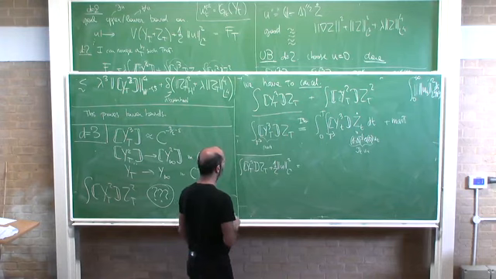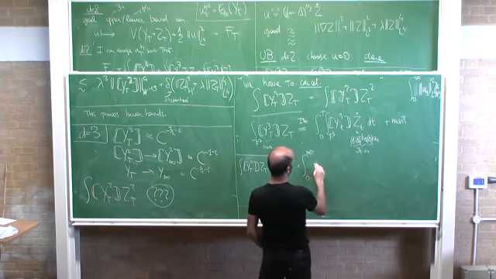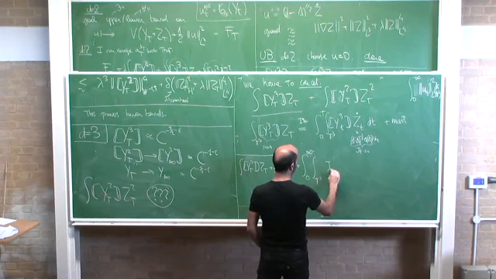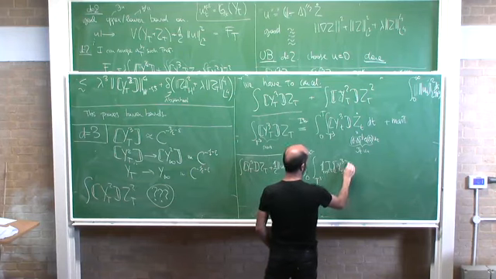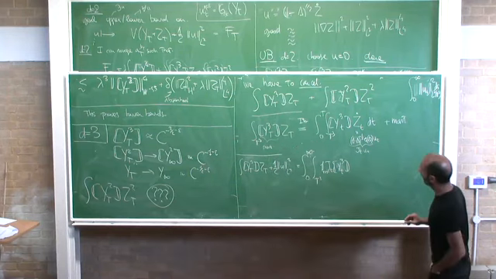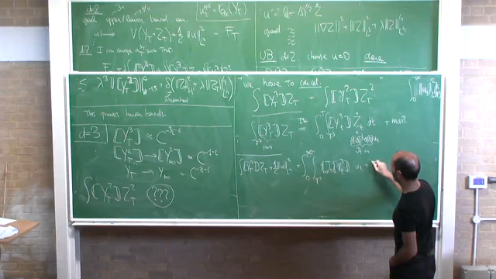So this gives the integral from 0 to infinity, and then I have something like the integral of G_t, for t less than big T, of u_t, plus one half u_t squared.